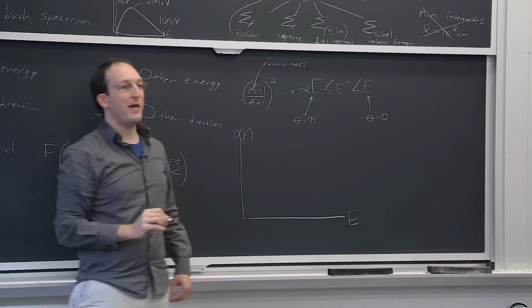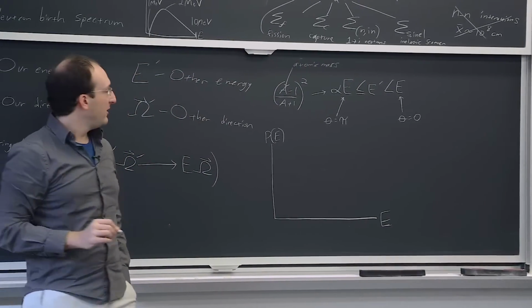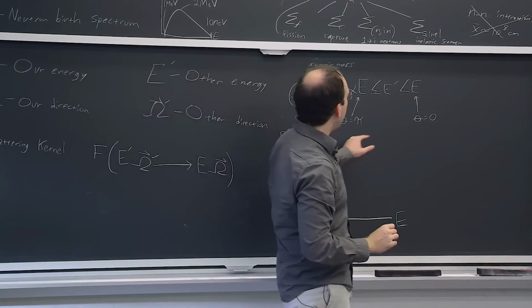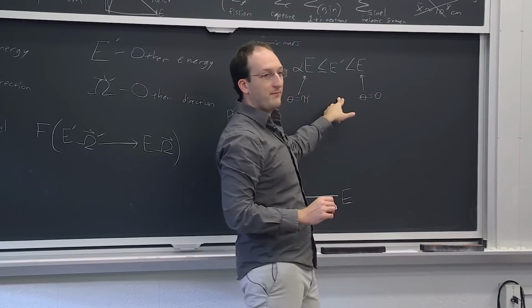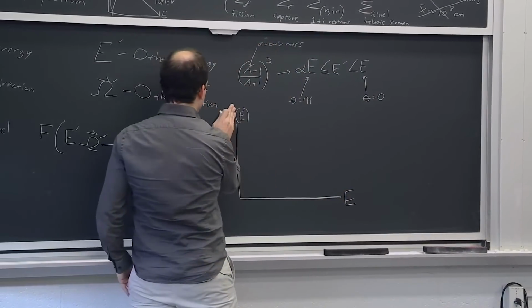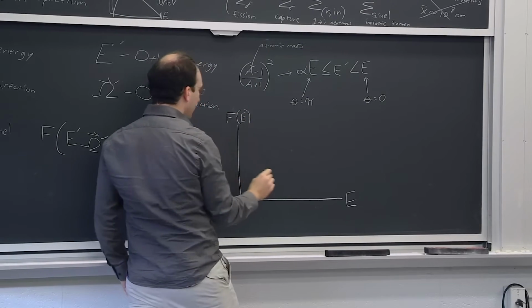You guys remember this from back in the Q equation days? When we were finding out what's the probability that a neutron coming in with energy E ends up at any energy E prime. Actually, I'll just write this as the scattering kernel.